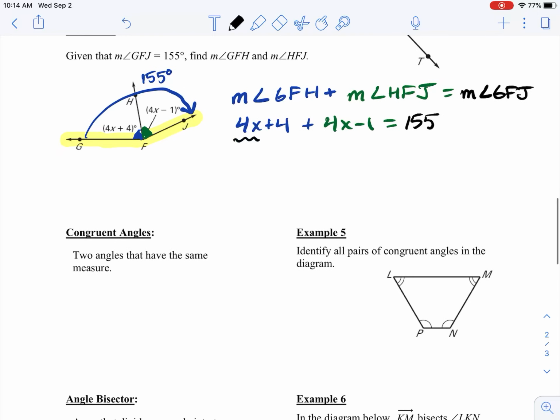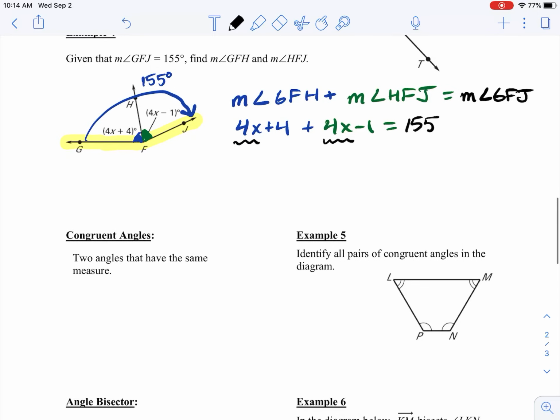So now that we are here, we just have a little bit of like terms. I see I have the 4x's in common. I also have those constants right there. So I'm going to combine like terms to get 8x plus 3 equals 155. I'm going to take away 3 from both sides to get 8x equals 152.